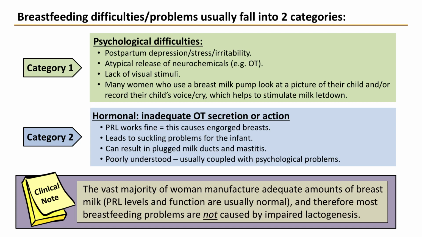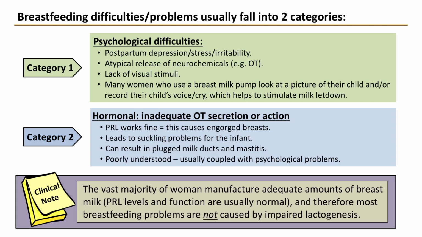Note here that to overcome this, many women who go back to work will need to use a breast milk pump, i.e. because their breasts are engorged and they need to relieve the pressure. Many of those women will look at a picture and or recording of their child's voice, which will help stimulate milk letdown.